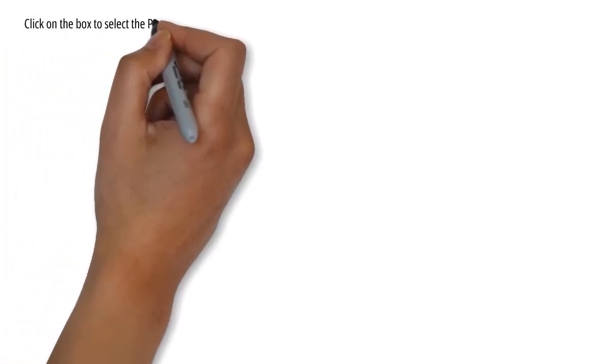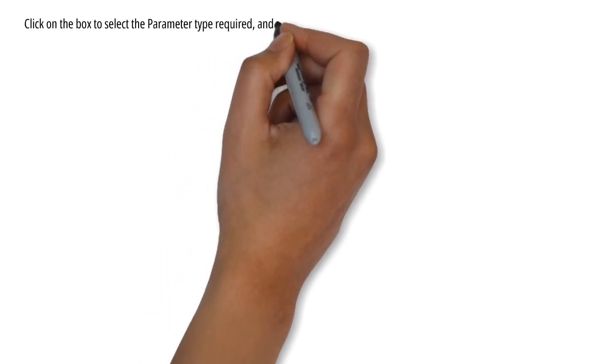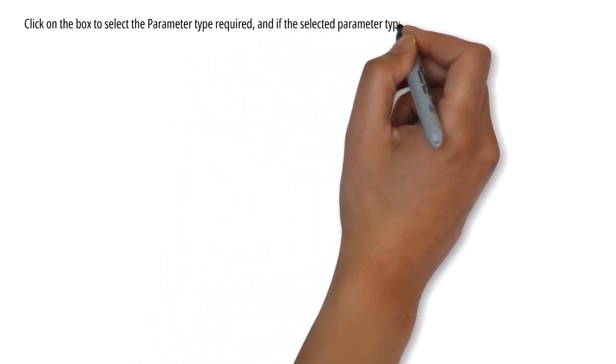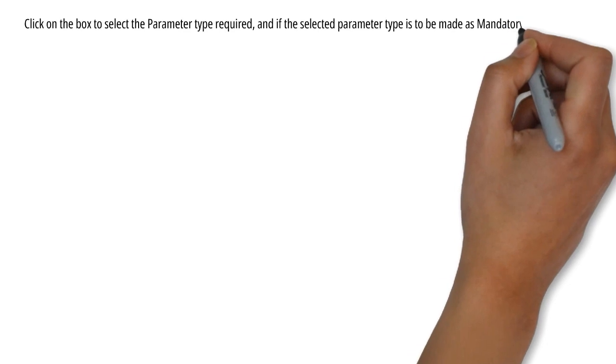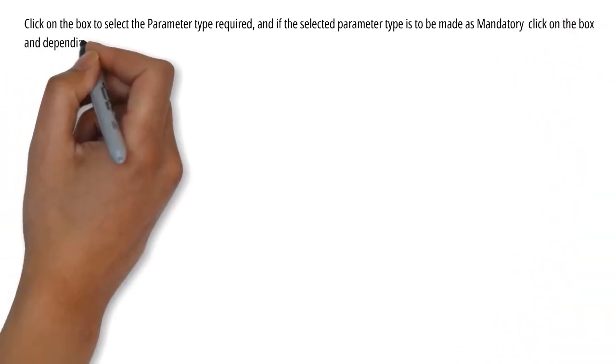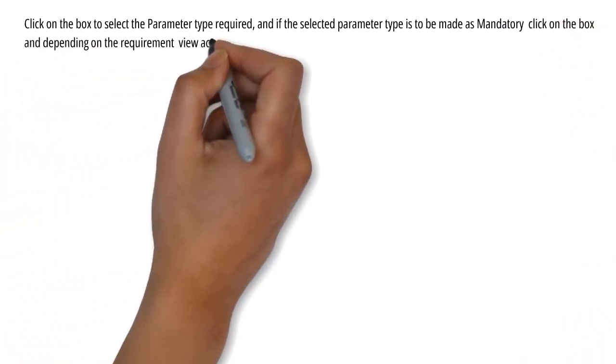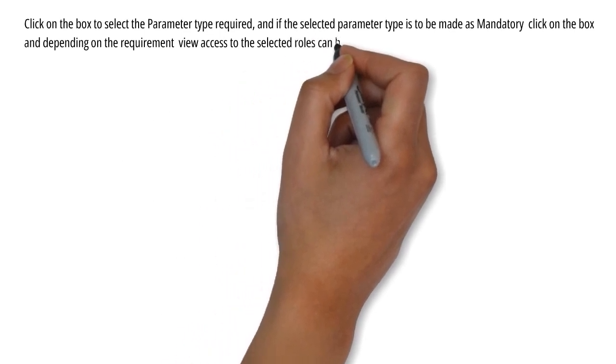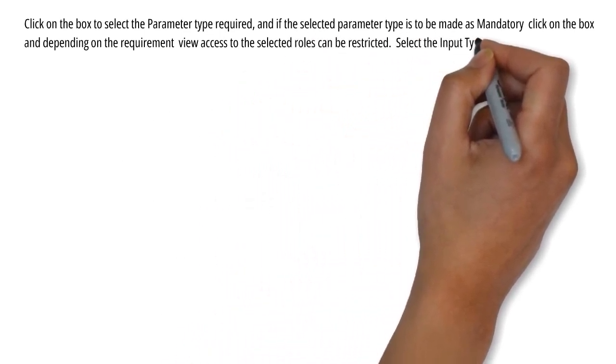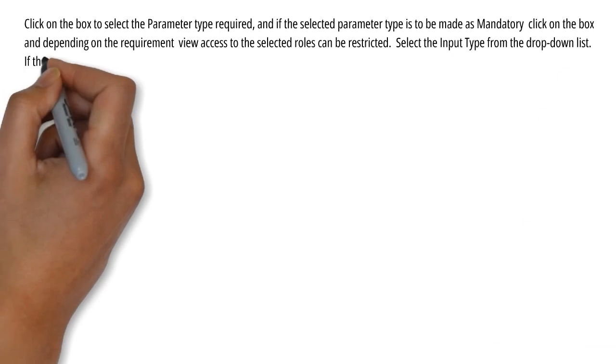Click on the box to select the parameter type required, and if the selected parameter type is to be made mandatory, click on the box, and depending on the requirement, view access to the selected roles can be restricted. Select the input type from the drop-down list.